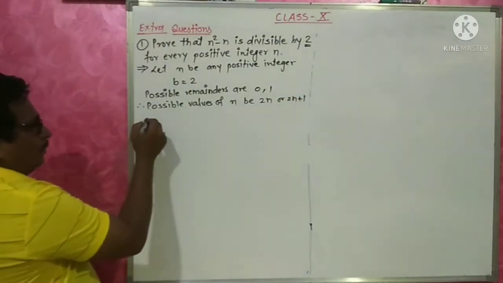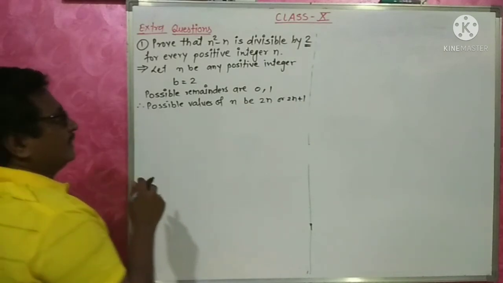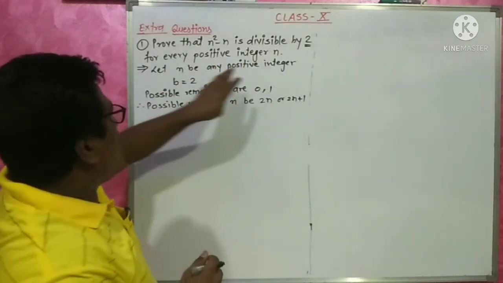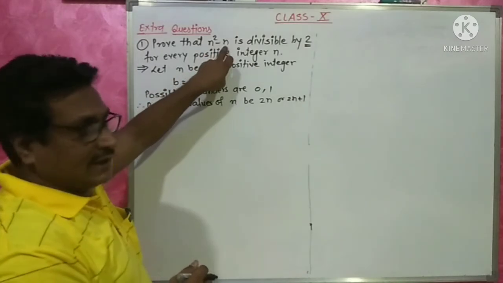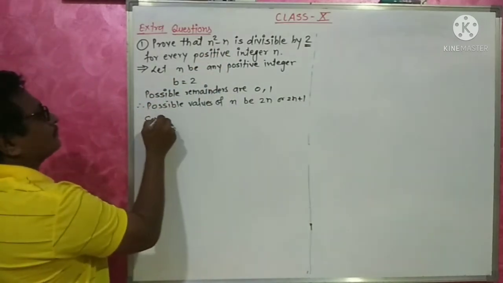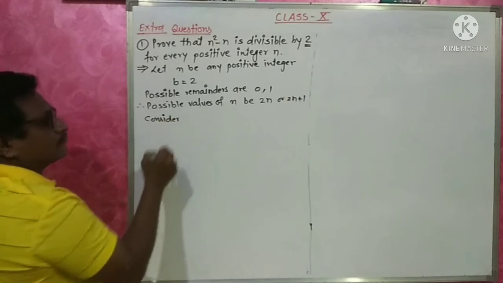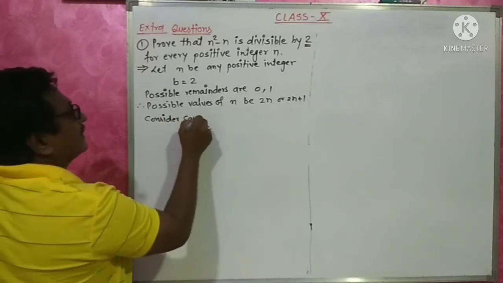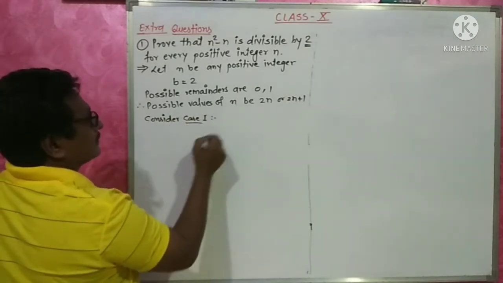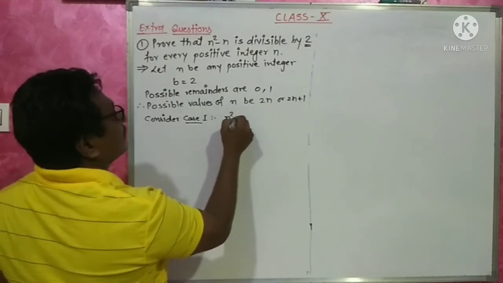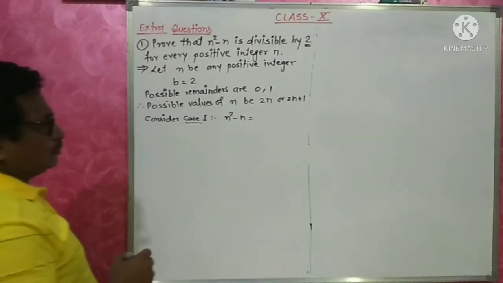Okay, so now what do they ask? This form, n square minus n. So consider case 1.